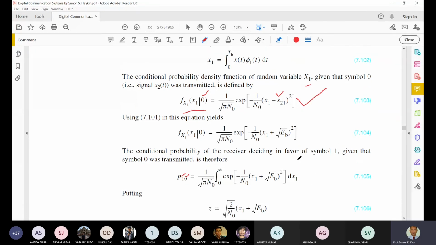Okay. So now we put z equal to this value, square root of 2 by N0 times x1 plus Eb. That means we are simplifying the expression, changing the variables over there. Okay.